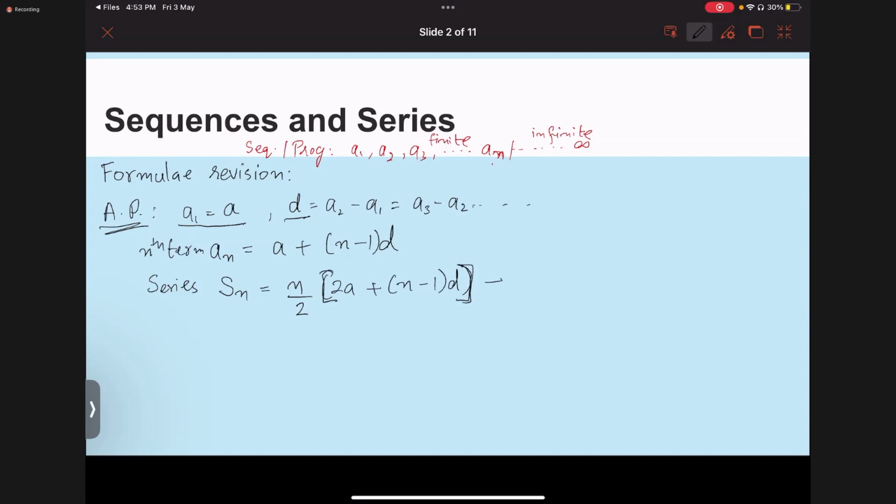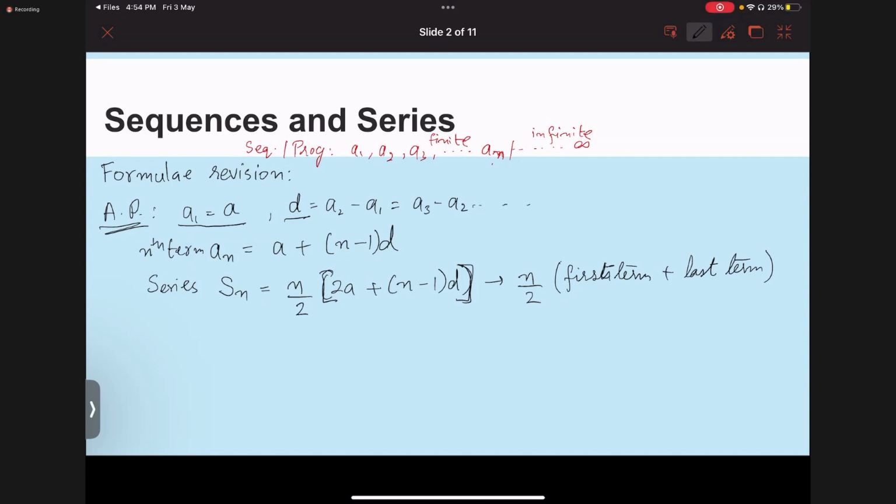You can also write this, if you are not given much information, directly as n by 2 times the sum of your first term plus your last term for an arithmetic progression. So these are some very easy formulae that we have to remember when we are solving for arithmetic progression.